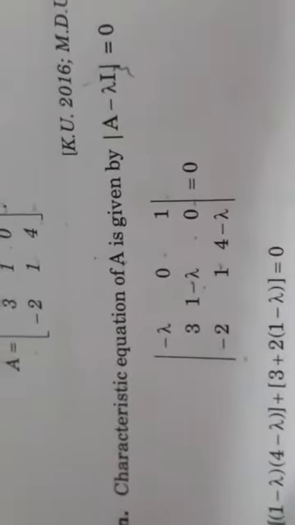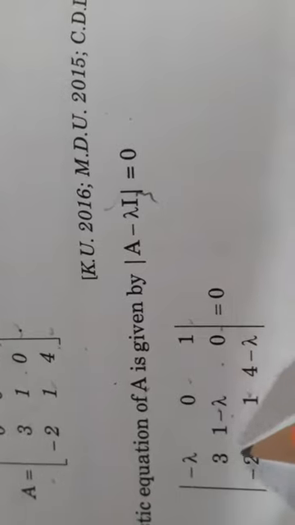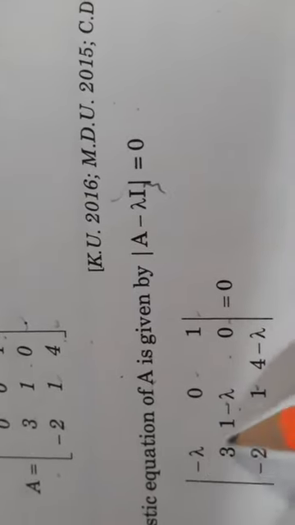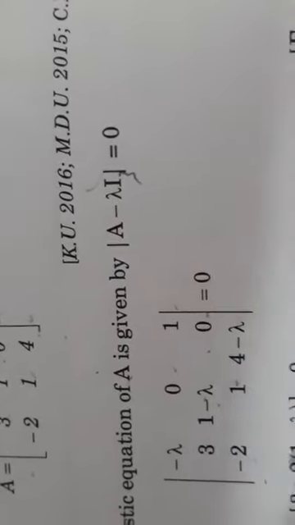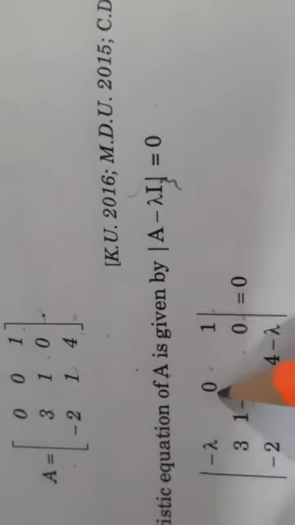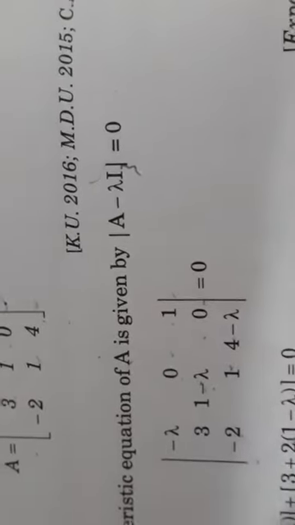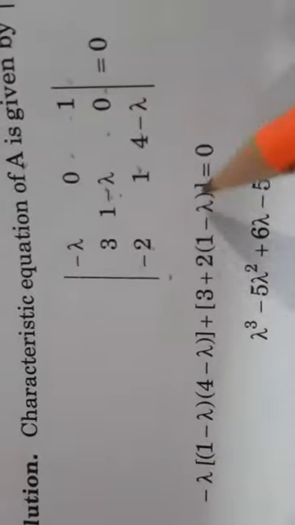To expand this determinant, we will expand it with respect to R1. Then minus lambda 1 into this, plus 0, plus 1 into this minus this into this. We will get the equation after solving this relation.